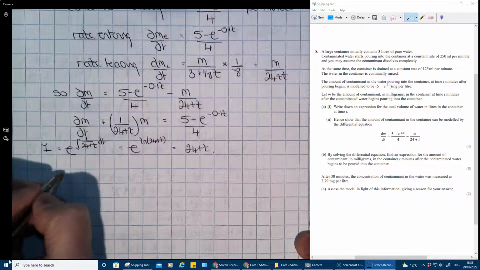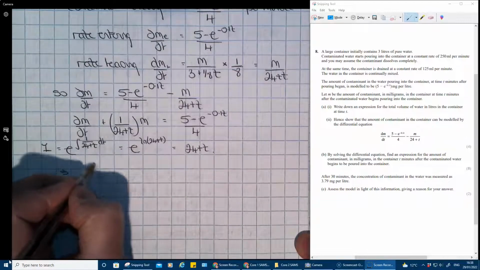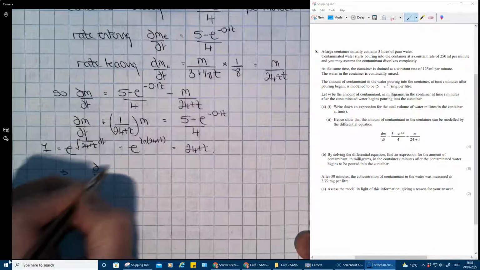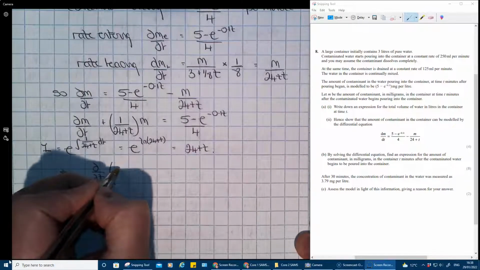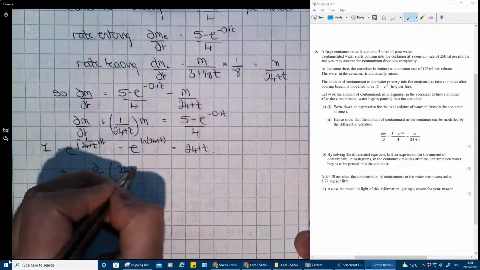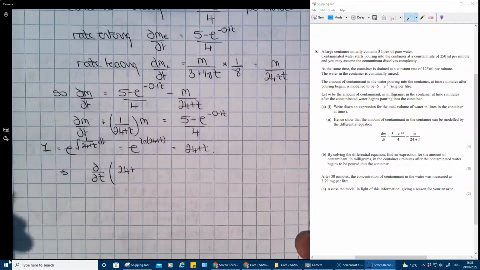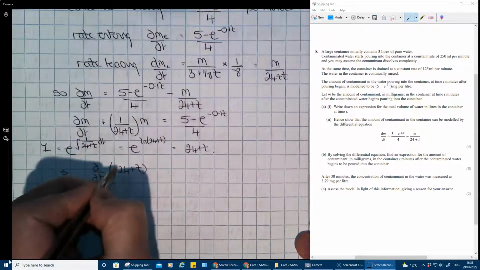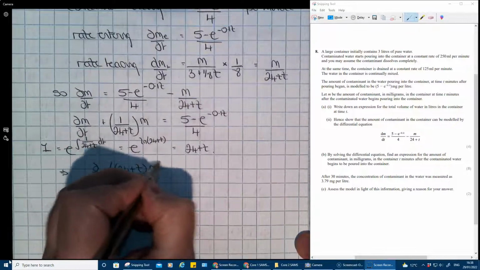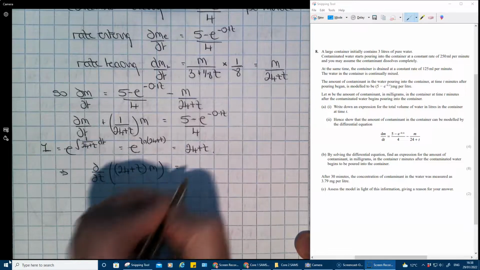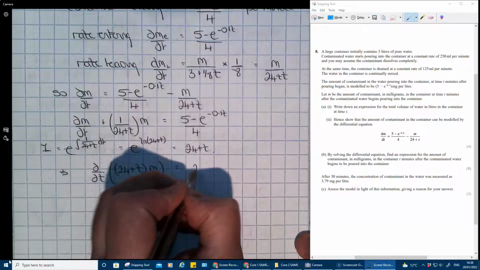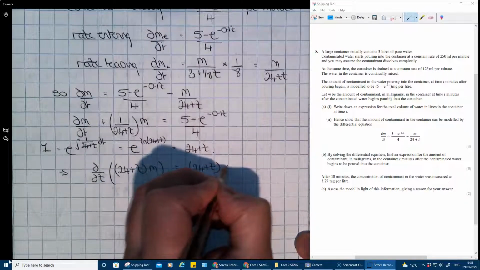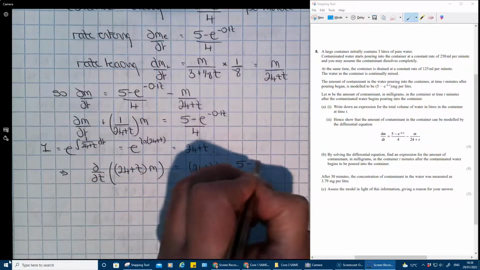So that implies the differential of 24 plus t times m equals 24 plus t times 5 minus e to the minus 0.1t, over 4.